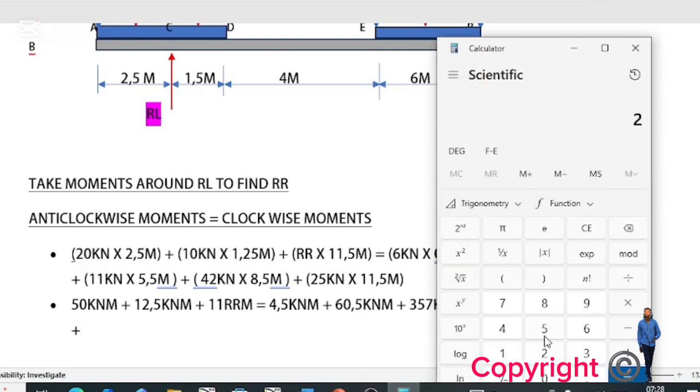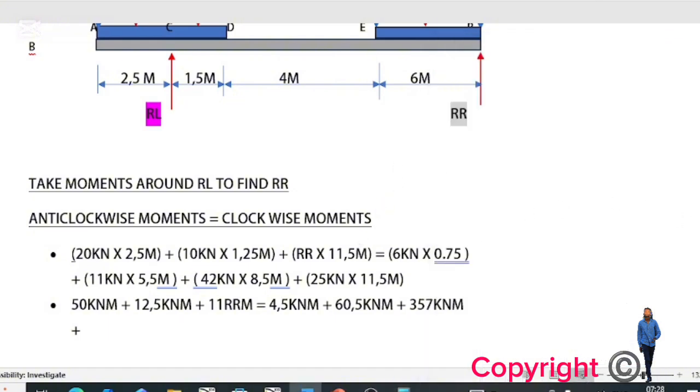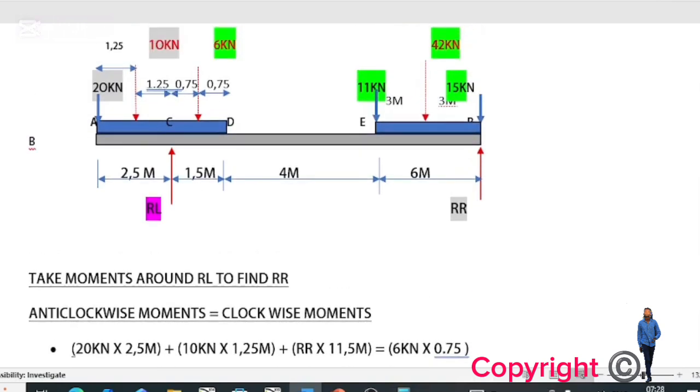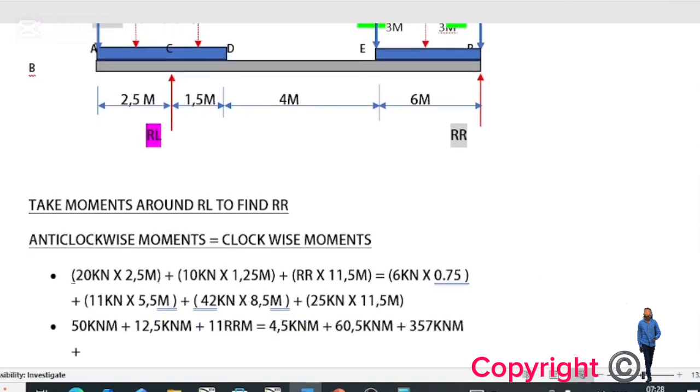Now we have 25 multiplied by 11,5, equals 287. Let me check this 25. I don't have 25 in my diagram.